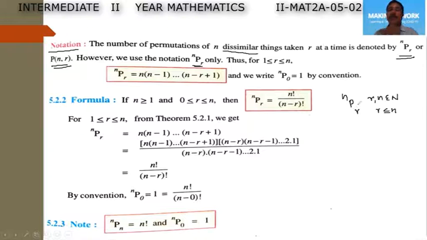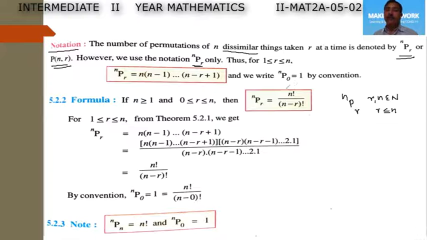We cannot take more things from the given number of things. Suppose 5 elements are given, we cannot take 6 elements out of them. So the number of elements taken will always be less than or equal to the number of things given. This is the condition for this notation nPr: n and r must be natural numbers and r must be less than or equal to n.